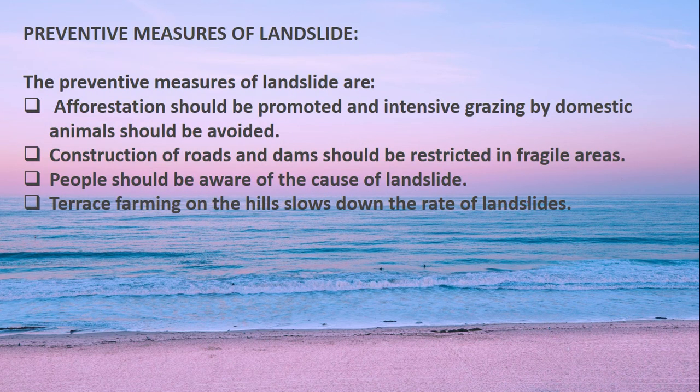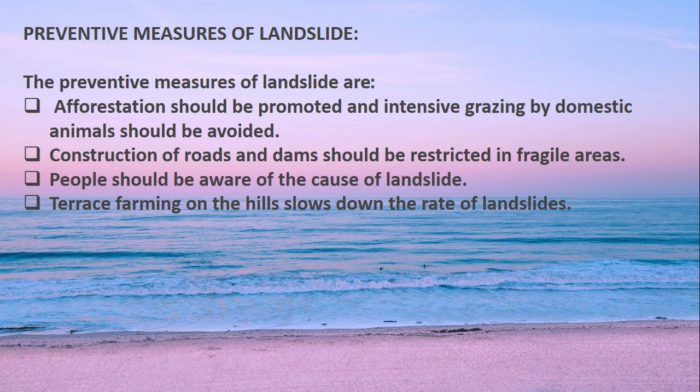So what can we do as preventive measures of landslide? Afforestation should be promoted, tree plantation, and intensive grazing by domestic animals should be avoided. Construction of roads and dams should be restricted in fragile areas where the soil structures are not stable or hard.